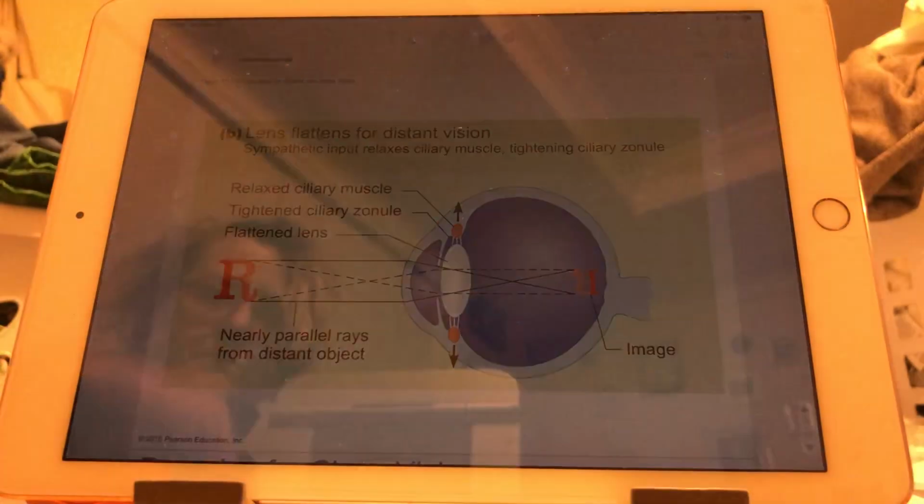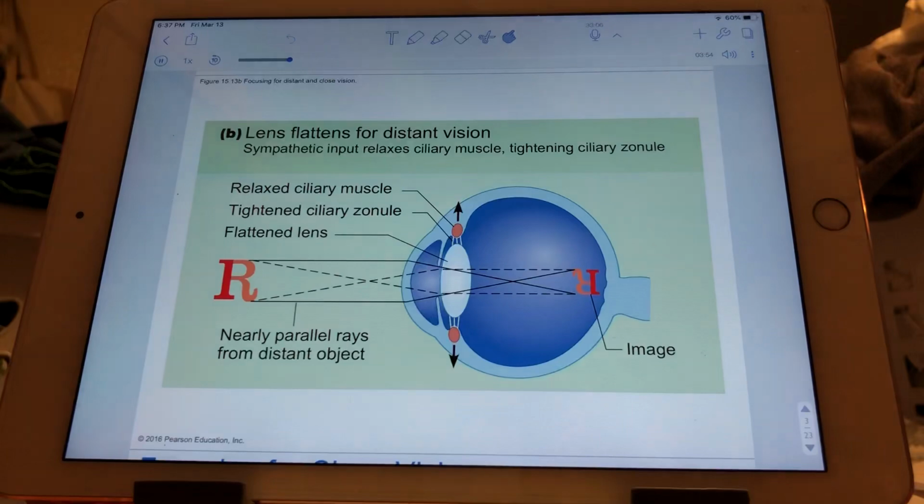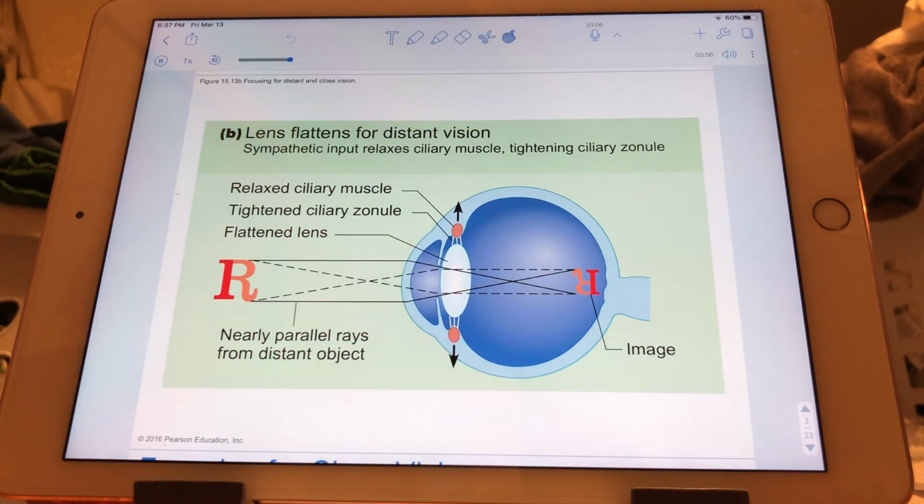And by that same principle, a relaxed ciliary body will slump, hang, pull on ciliary zonules and keep them taut. And by pulling on the ciliary zonules, we're pulling on really the rim of the lens and flattening it out, stretching it out. Very, very interesting stuff.